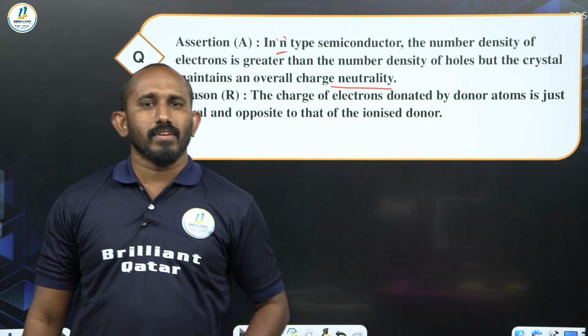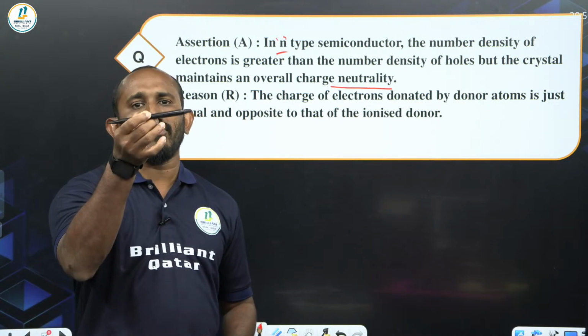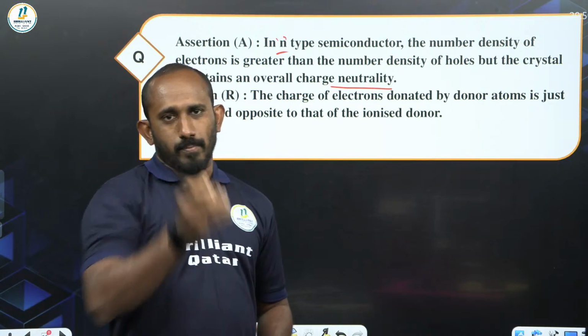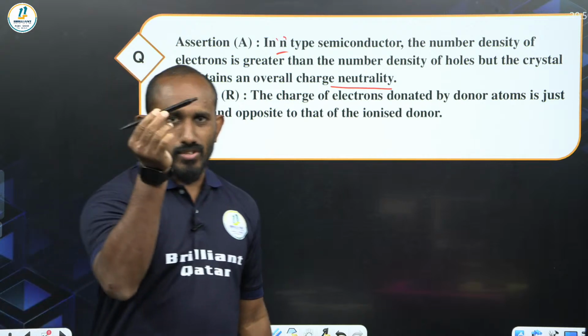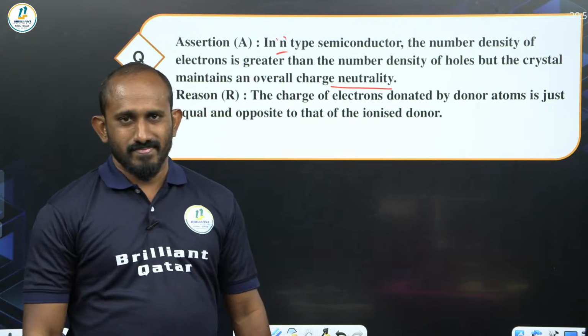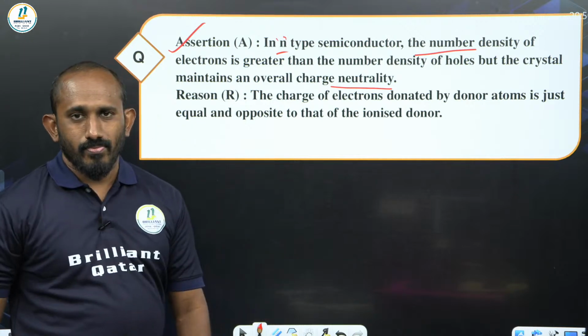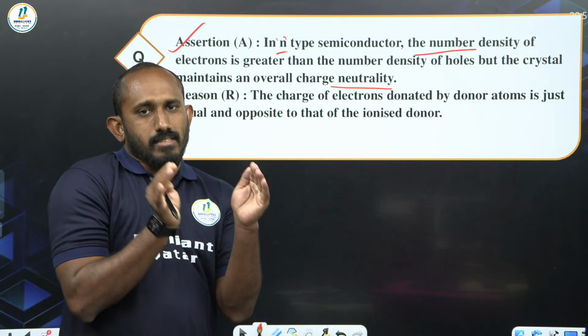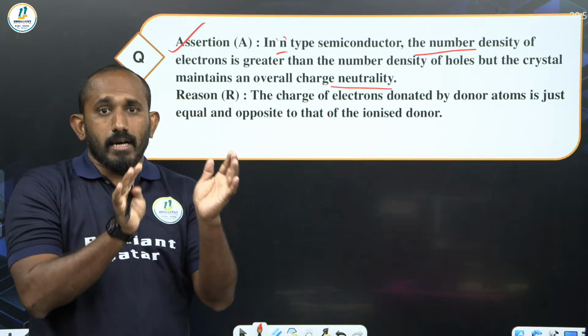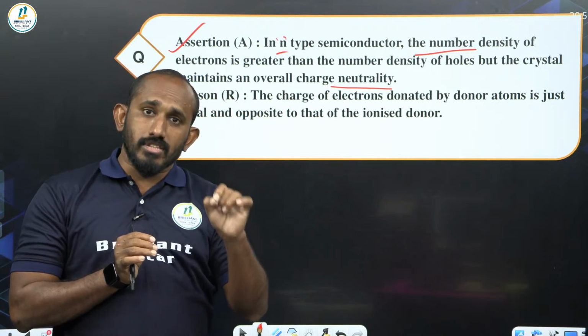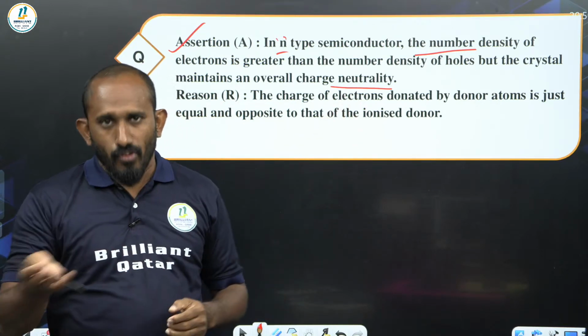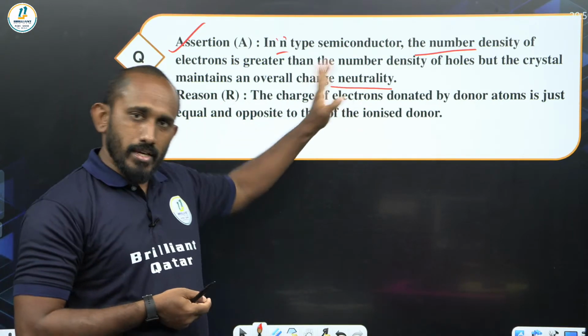Remember, we discussed that question. Suppose this pen is made of N-type semiconductor. What is the charge of the pen? Never go for negative. The charge of the pen will be neutral, 0. So the assertion is correct. Though N is for negative, so negative charge carriers are greater than holes, still it will be neutral.